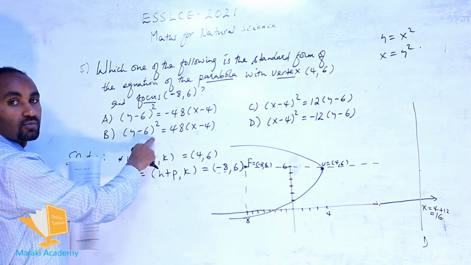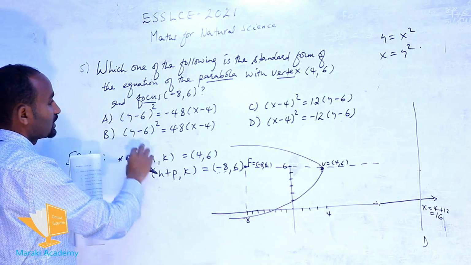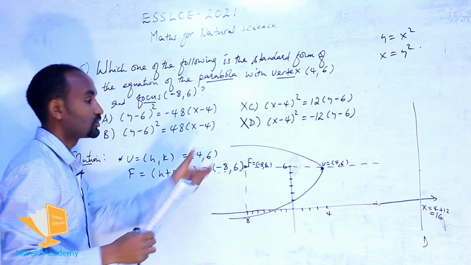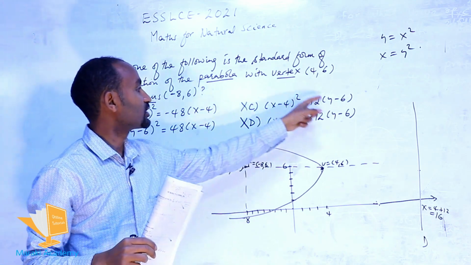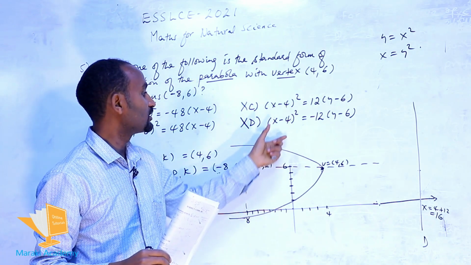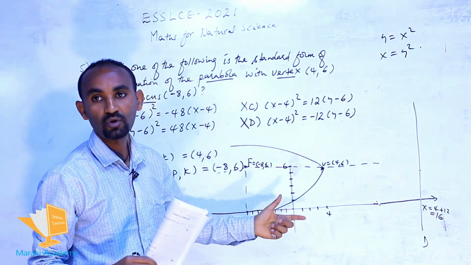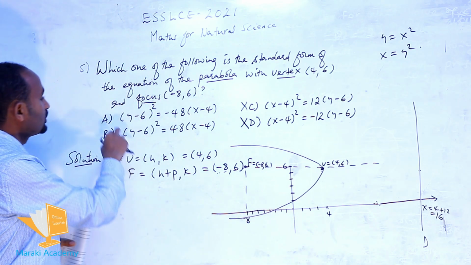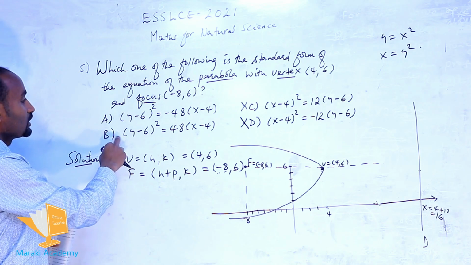This is also meaningful, at least for this curve, but these two are not. These two are not logical expressions. Why? Because had the graph been one of these expressions, it would have been an upward or downward parabola, okay? So our answer would be one of these two.